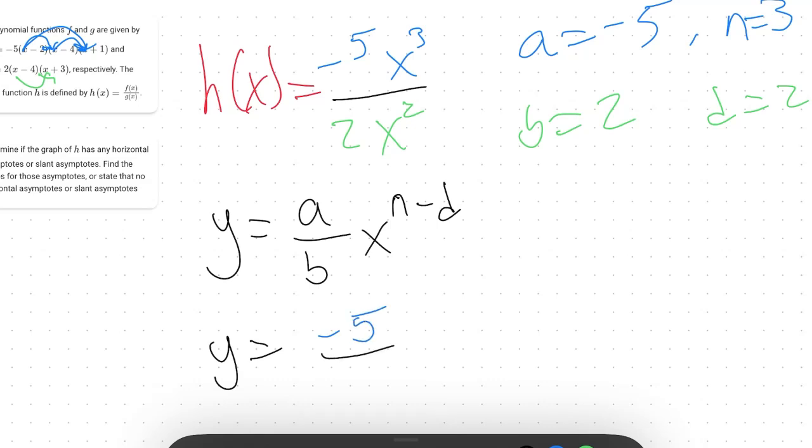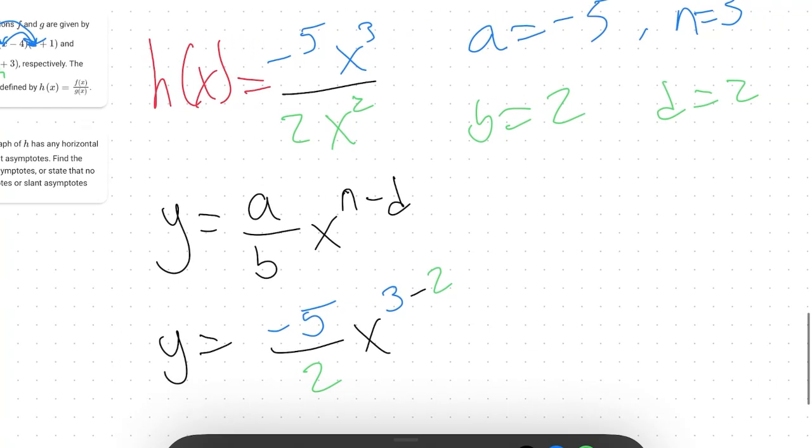Negative 5, 2, x, 3 minus 2. Right? So therefore, the slant asymptote is y equals negative 5 over 2 x.